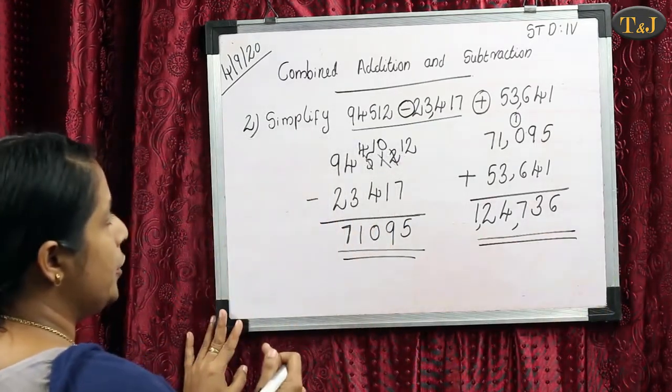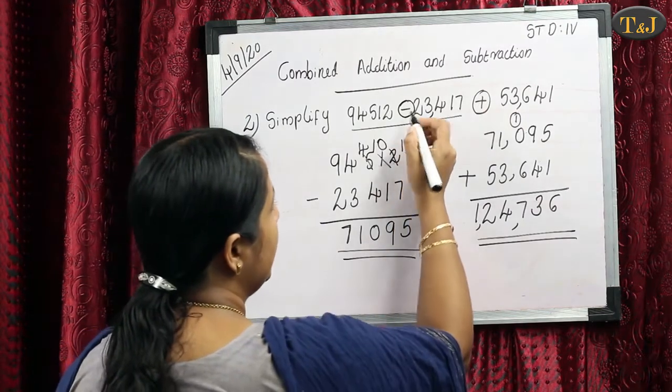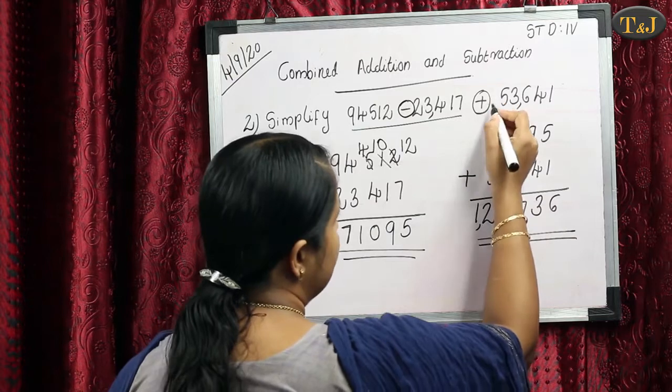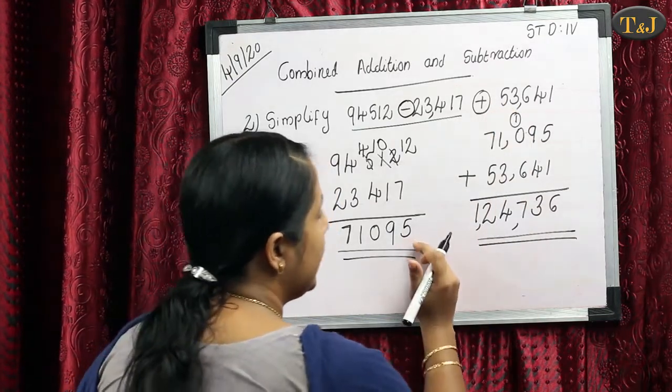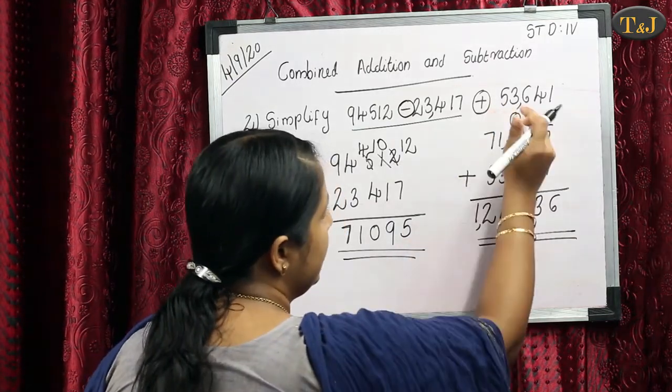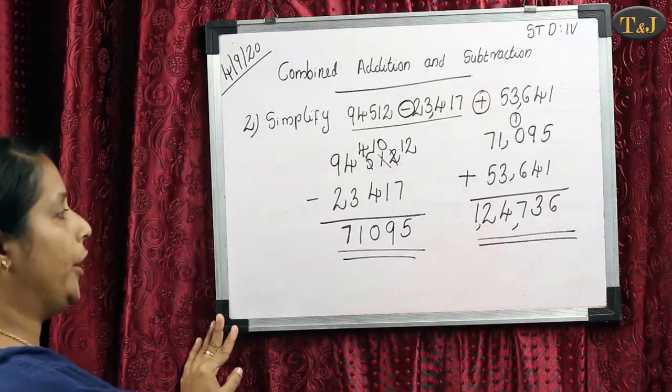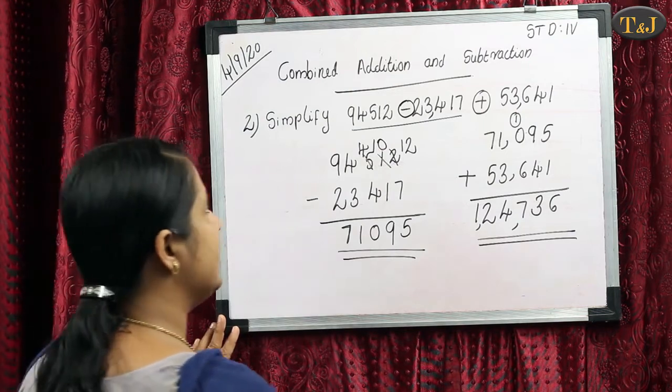First we are doing which function? First we do subtracting, then getting that answer, next our function is adding. So getting that answer plus the next remaining number. So we get the answer as 1,24,736.